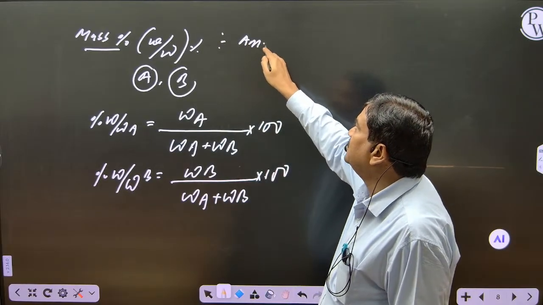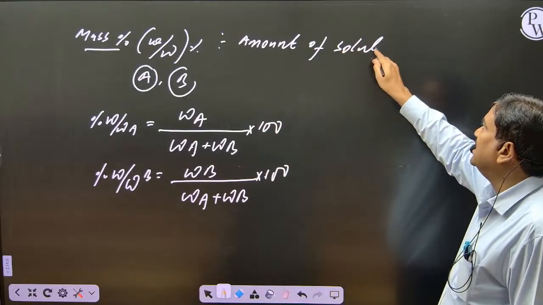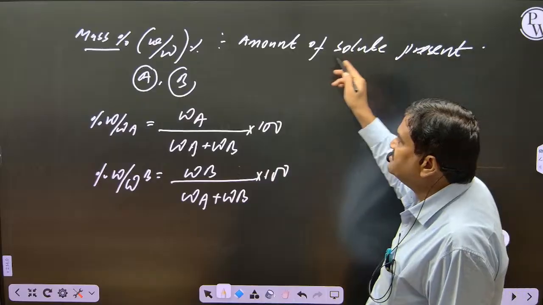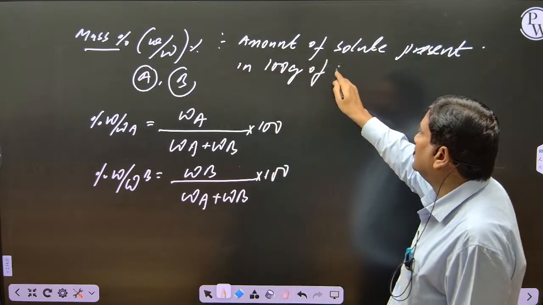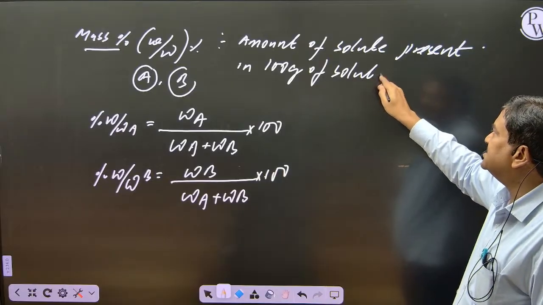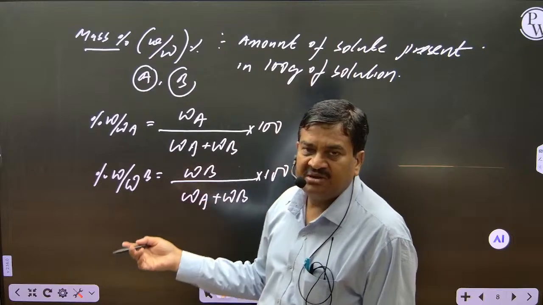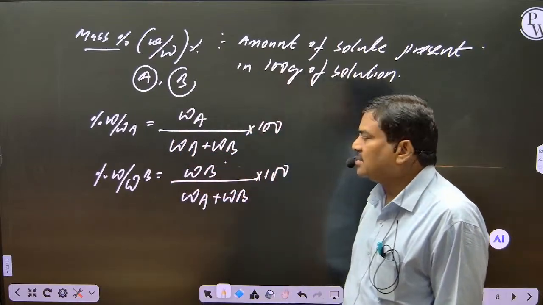The amount of solute present in 100 grams of solution is known as mass percentage. So mass percentage is mass of solute by total mass of solution into 100. Copy this.